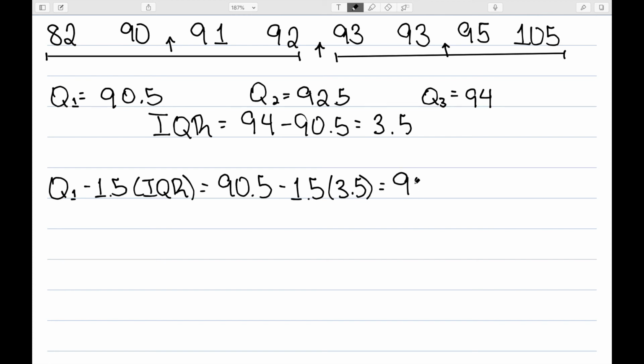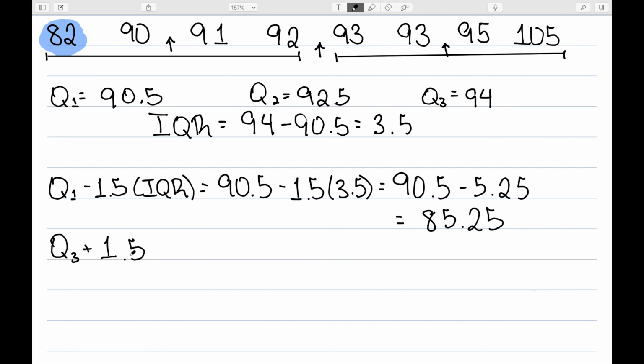This gives me 90.5 minus 5.25, or 85.25. Well, we can see we do have a value smaller than 85.25, so 82 would be an outlier in this case. Let's see if we have any upper outliers.